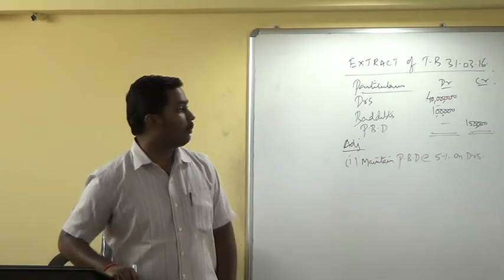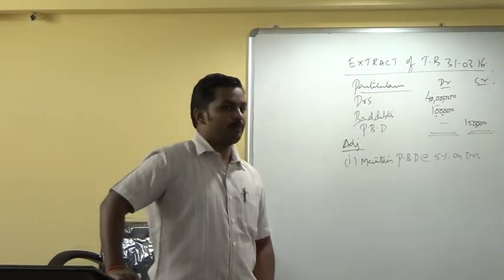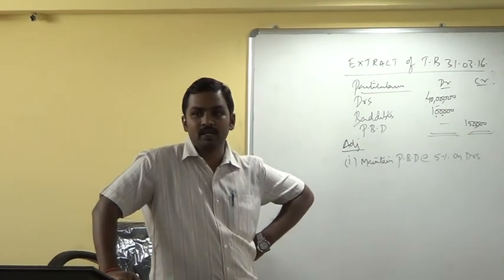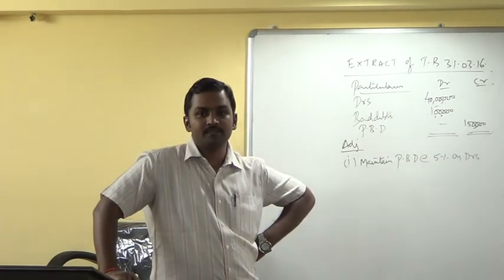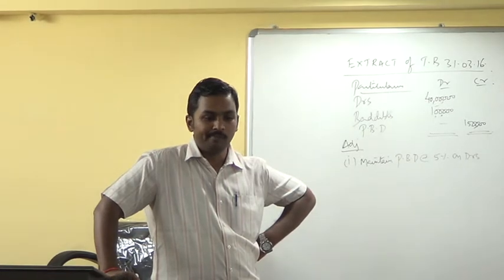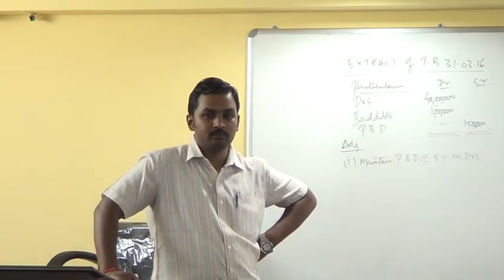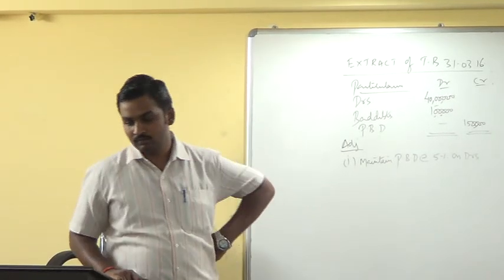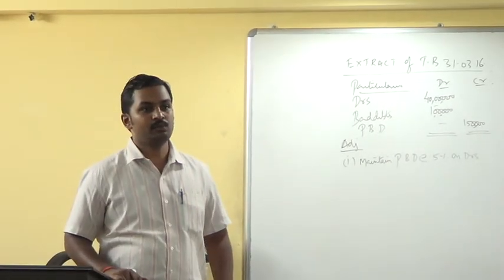Let us start again. Open those 4 accounts. Open profit and loss account, a small bad debts account, provision for bad debts account, and then balance sheet. Ready everyone?